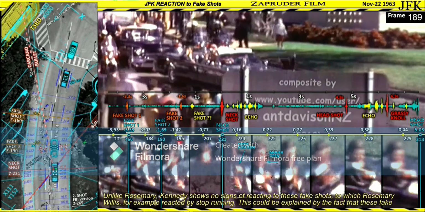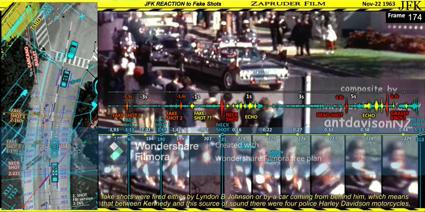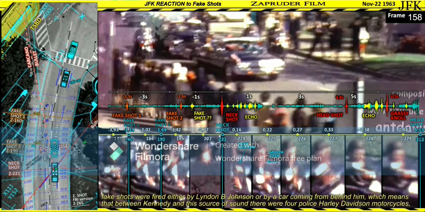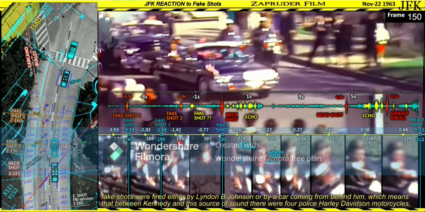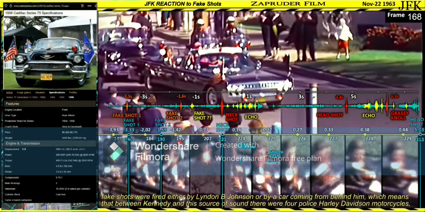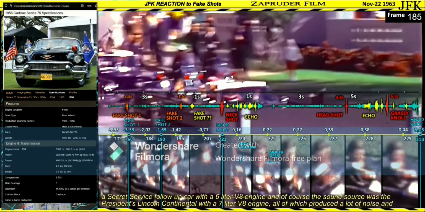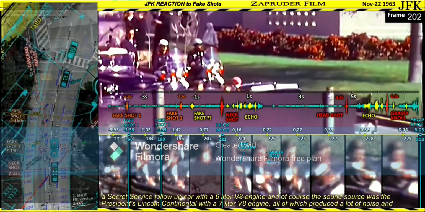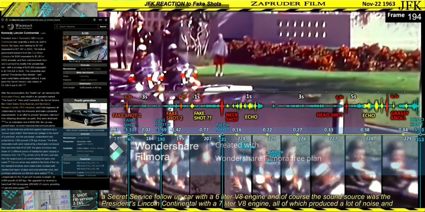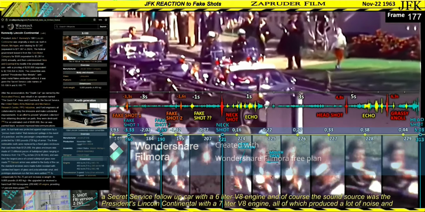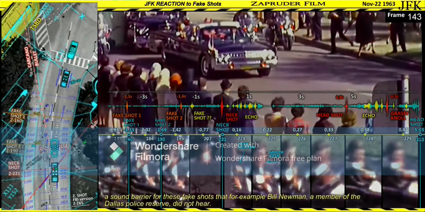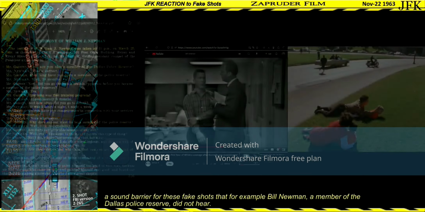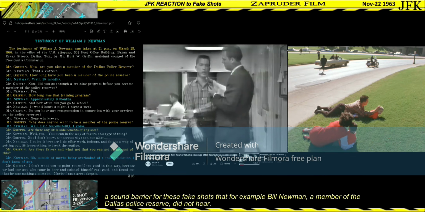This could be explained by the fact that these fake shots were fired either by Lyndon B. Johnson or by a car coming from behind him, which means that between Kennedy and this source of sound there were 4 police Harley-Davidson motorcycles, a Secret Service follow-up car with a 6-liter V8 engine, and of course the President's Lincoln Continental with a 7-liter V8 engine, all of which produced a lot of noise and a sound barrier for these fake shots, which, for example, Bill Newman, a member of the Dallas Police Reserve, did not hear.